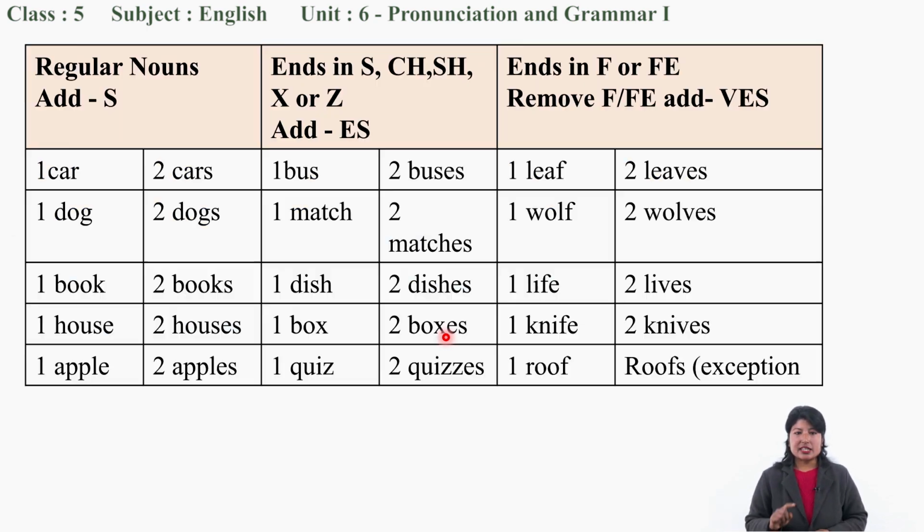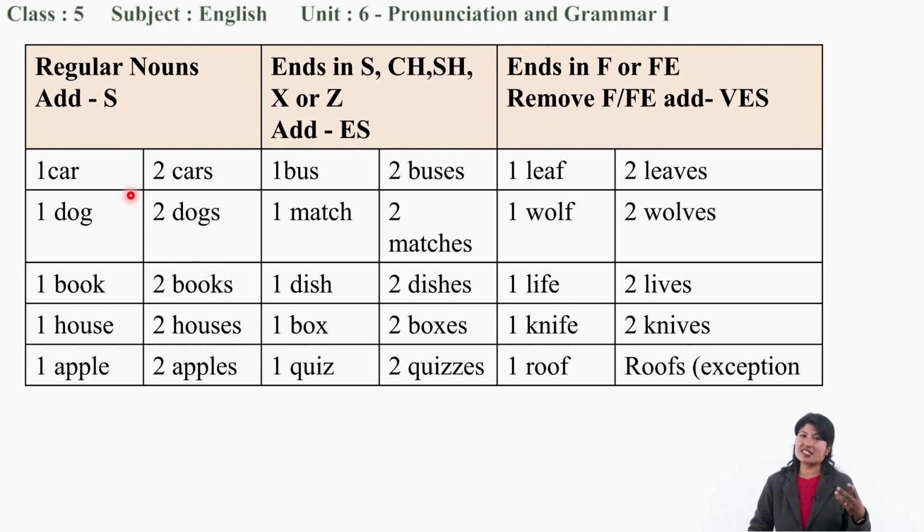Here is the table for clear division. Regular nouns like car, dog, book, house, and apple: just adding s works. Cars, dogs, books, houses, apples.